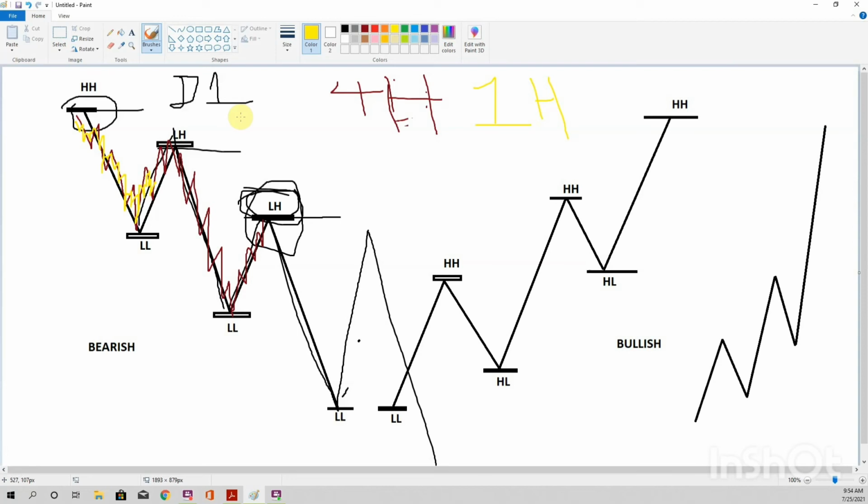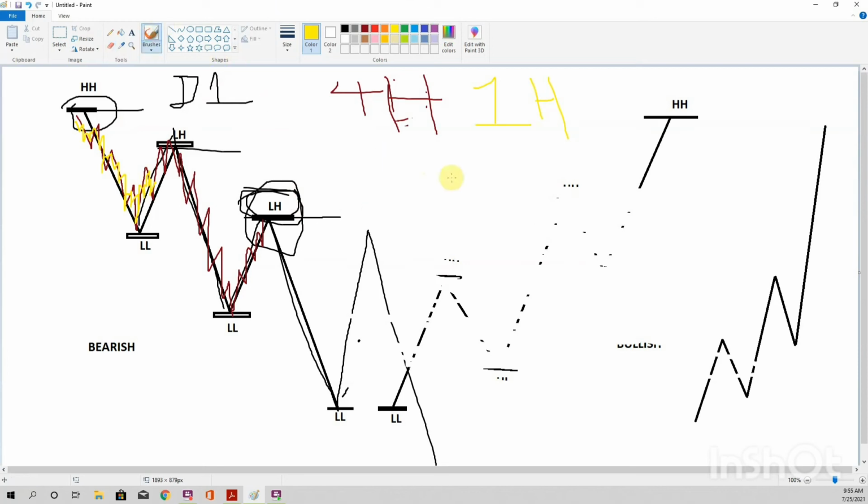So when price breaks structure, it starts breaking it on the lower time frame. So for instance, let me raise this section. Okay, let's just take this part out. Right?